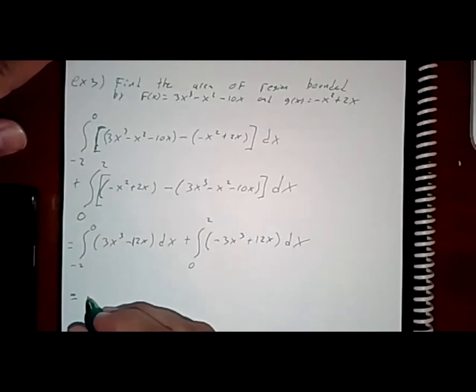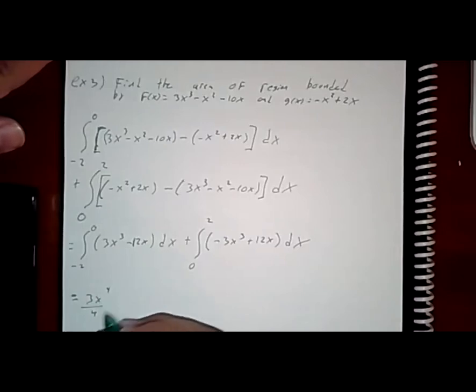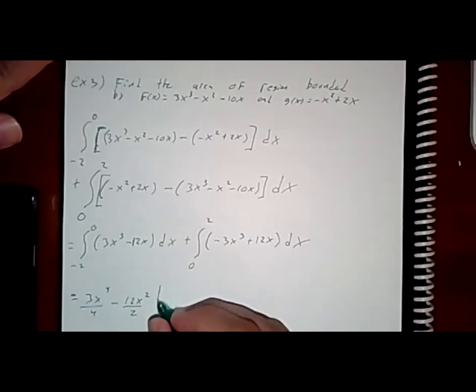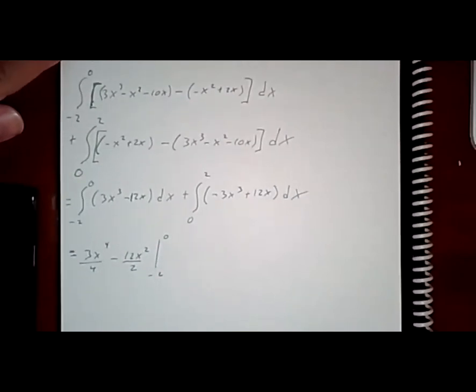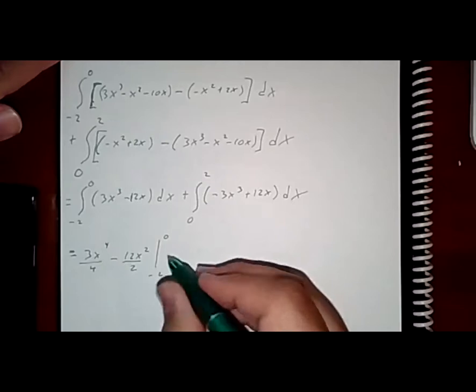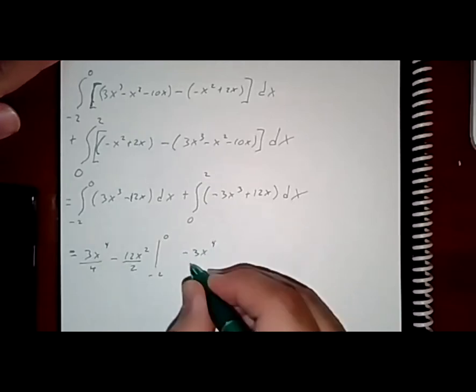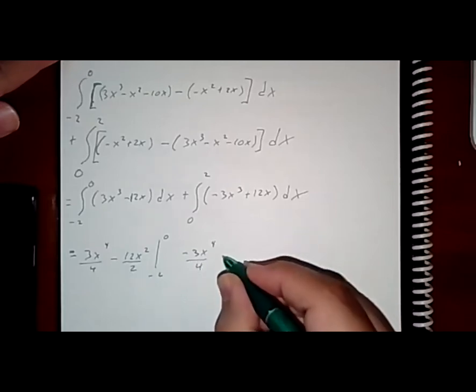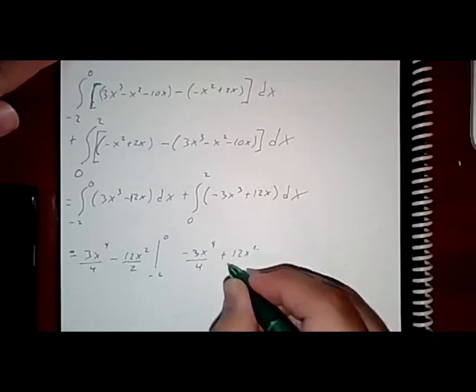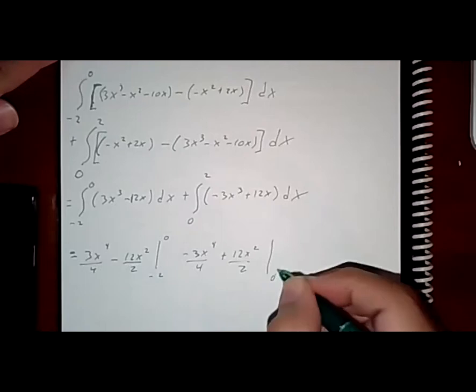So this will be 3x to the 4th over 4 minus 12x squared over 2 from -2 to 0, minus 3x to the 4th over 4 plus 12x squared over 2 from 0 to 2.